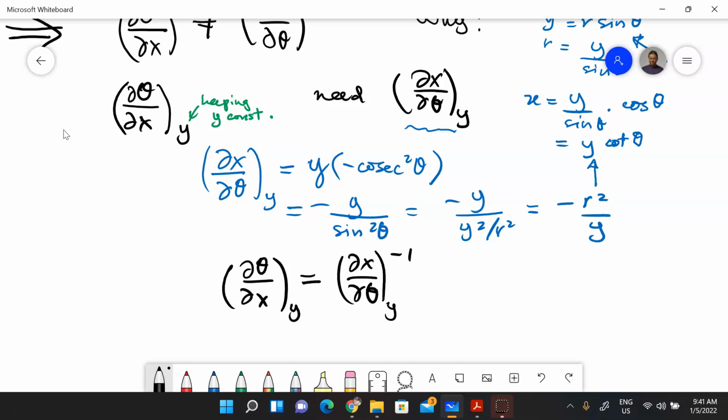So one has to be aware of all these problems with respect to what is actually kept constant. It tells us that with partial derivatives you have to be a bit more careful in trying to do the derivatives.